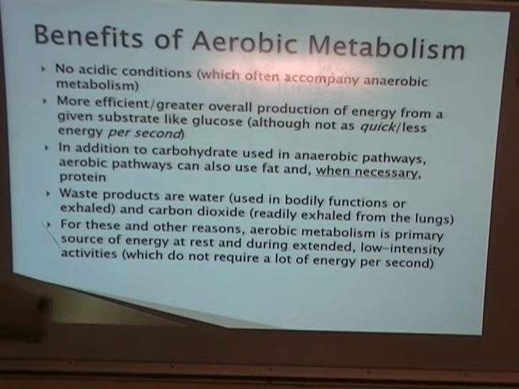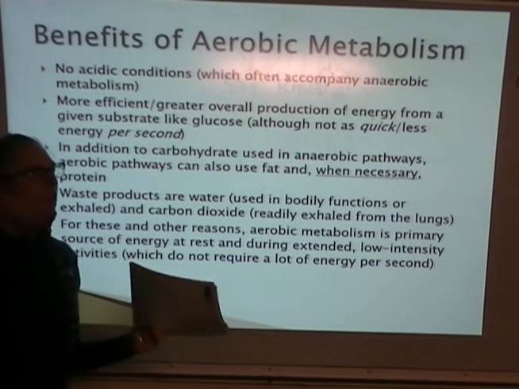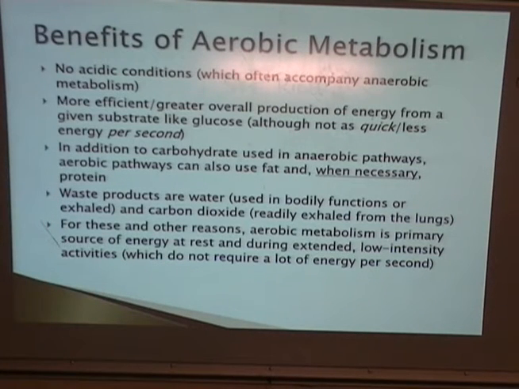The other big benefit is that the waste products of aerobic metabolism are just water and carbon dioxide, which are very easily managed within the body, right? We can get rid of water either by sweating or by urinating, right? It's really easy to get water out of the body, and carbon dioxide gets passed into the bloodstream, circled round to the lungs, and we breathe out carbon dioxide.